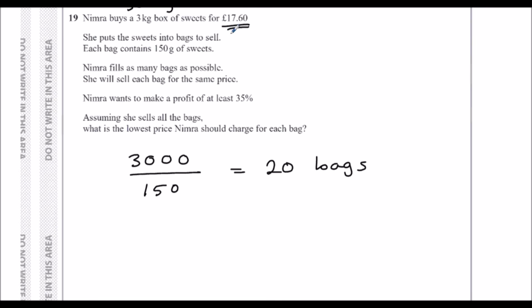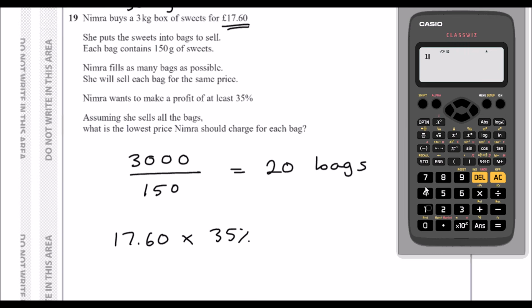So we need to add on 35% to get how much money we need to get in. So £17.60. We want to find 35%. So we could times it by 35%, either using the percentage button. So I could do £17.60 times 35%. And that will give me what 35% is, which is £6.16.